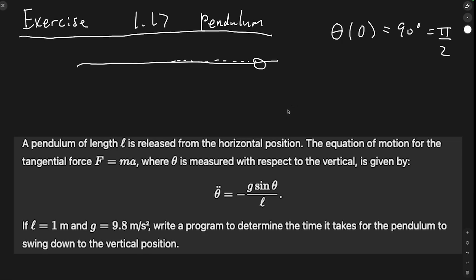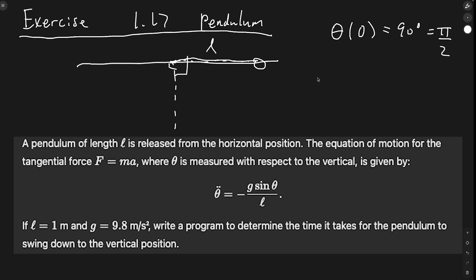It can be shown that the tangential, and it has a length L. Okay, so actually I don't know why I put dotted lines. I'll just put a straight line there. And here's the vertical. Okay, this is 90. But this is L right here, okay?